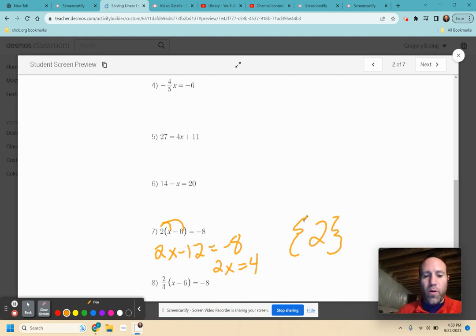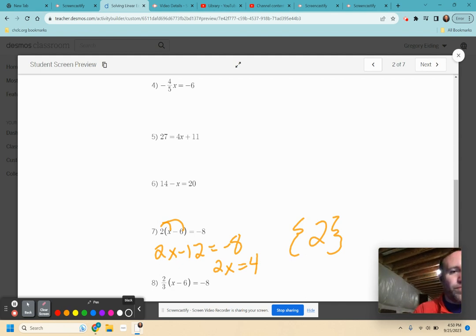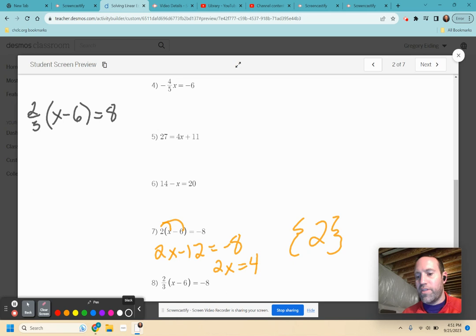In the final example, I'm going to give myself a little bit of space to do this one. So I'm going to do what you all would do, which is probably start by distributing, although you could multiply by the reciprocal on both sides and cancel that 2/3 out.